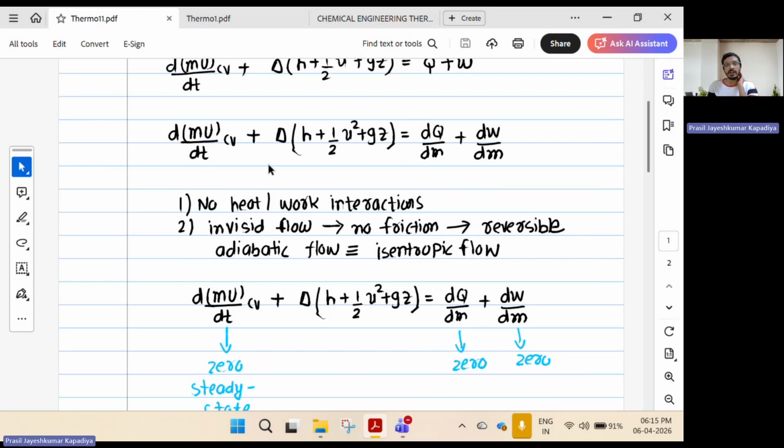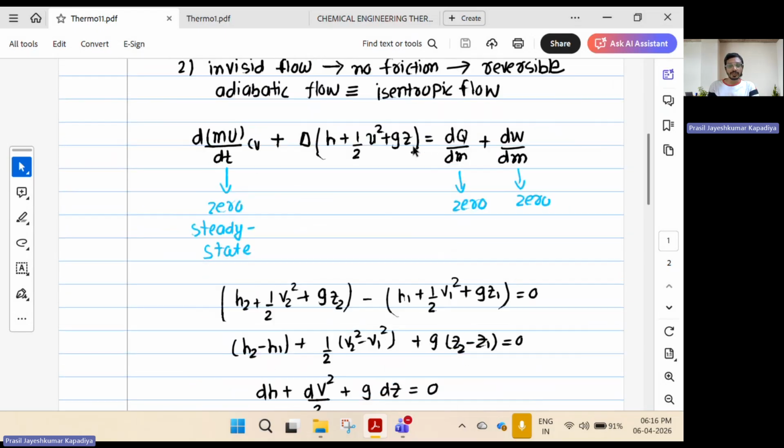Now we are only left with delta of h plus half u square plus gz, which is equal to 0. So h2 plus half of v2 square plus g into z2, minus h1 plus half of v1 square plus g into z1, is equal to 0. Here I have written velocity as v.